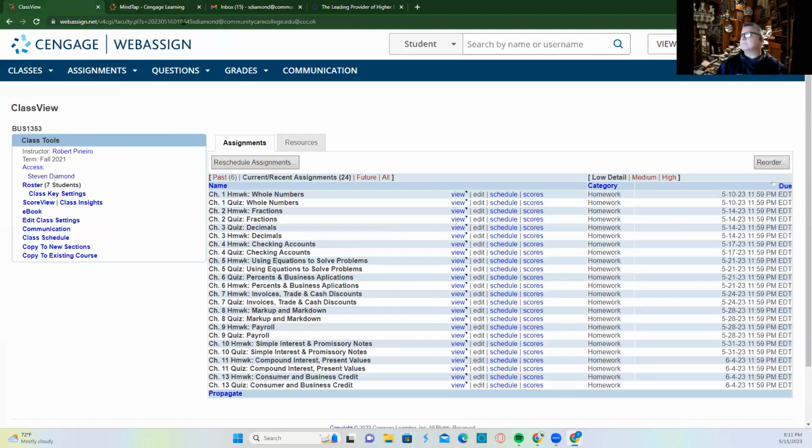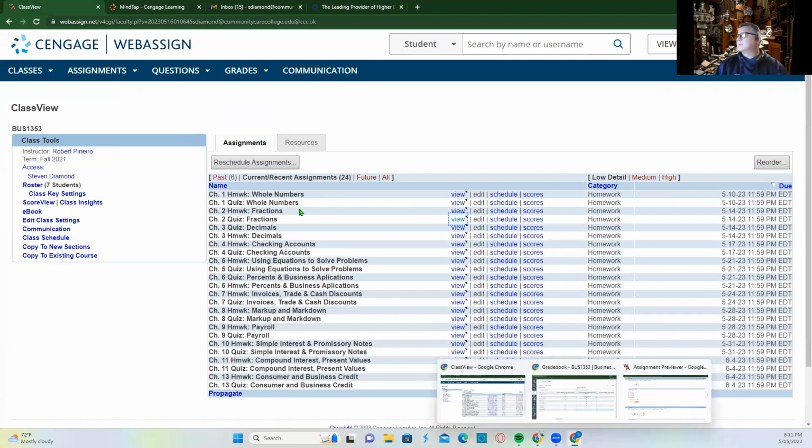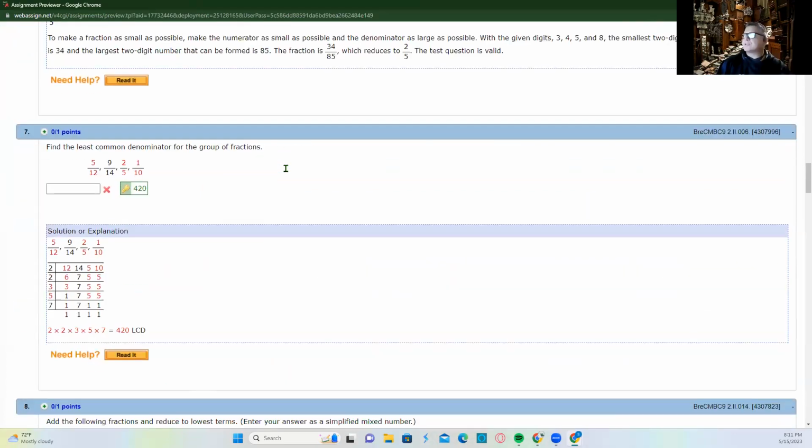Now, let's look at the one he had a question on. Number 7 here, it says find the least common denominator for the group of fractions. First thing it said, write your denominators in a row. So we have 12, 14, 5, and 10.